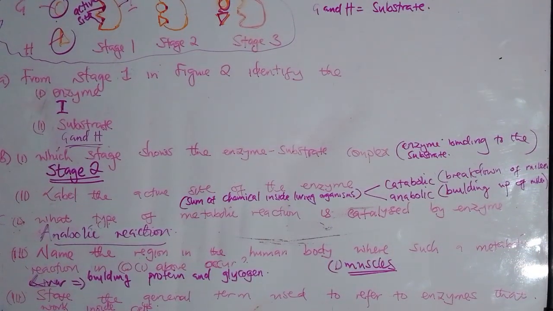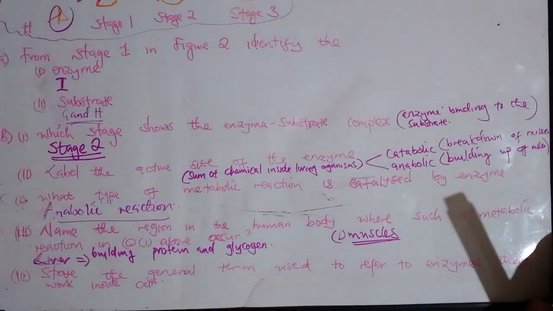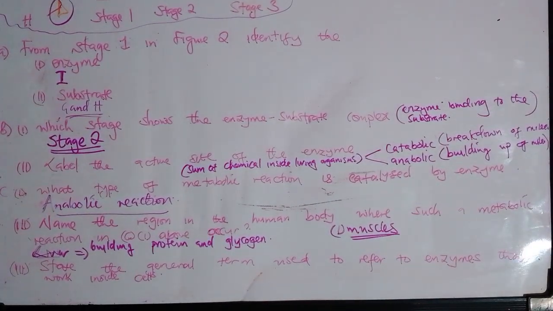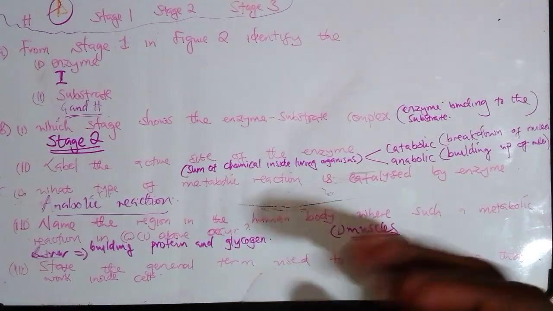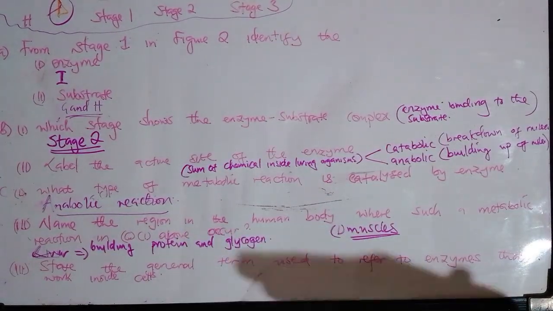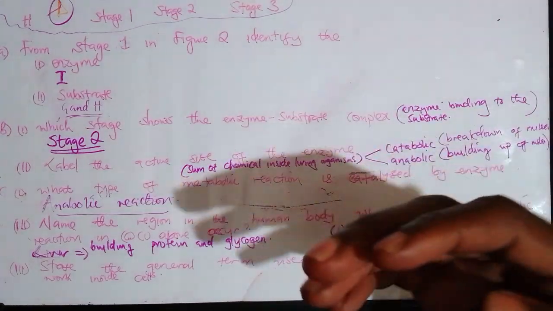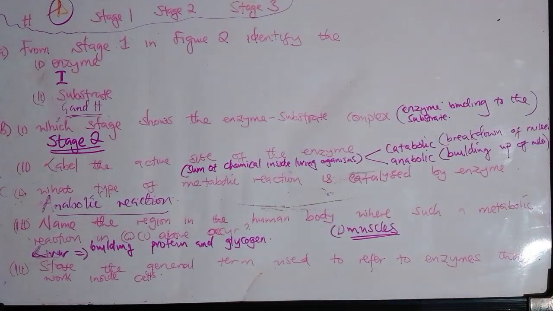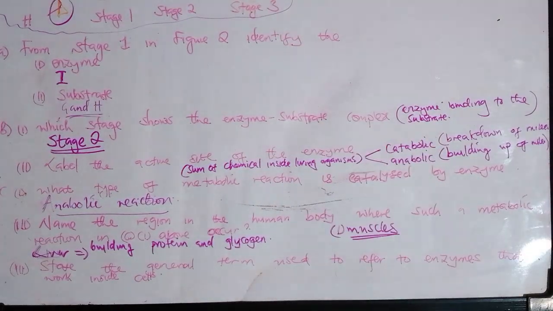Then the final question says, state the general term used to refer to enzymes that work inside the cell. So I said that we have two types of enzyme. We have intra, standing for inside, and also we have extra, meaning outside.